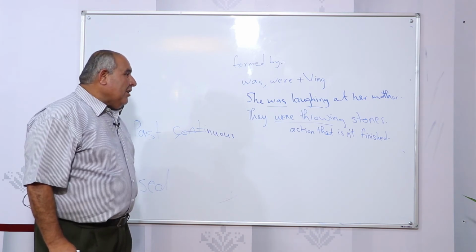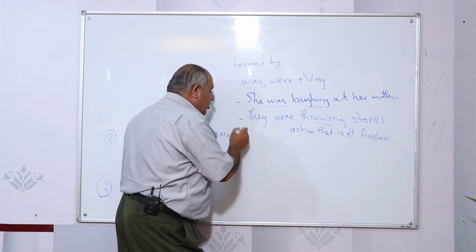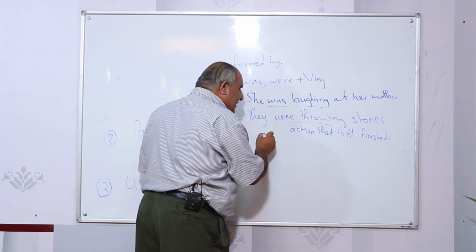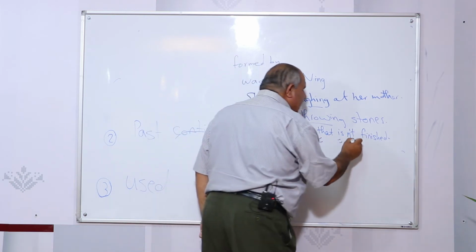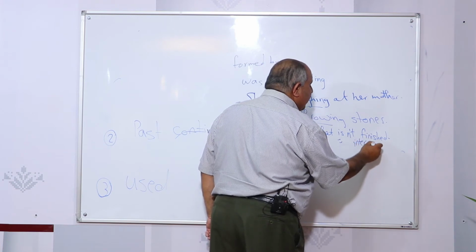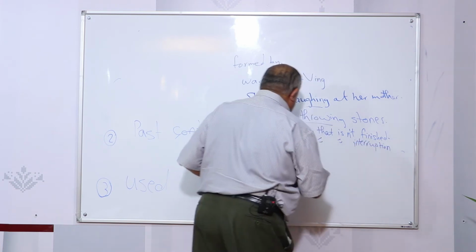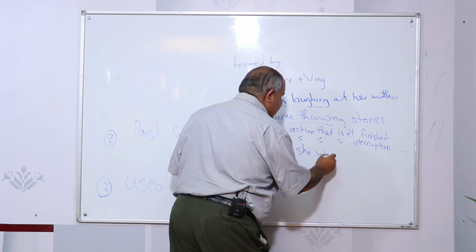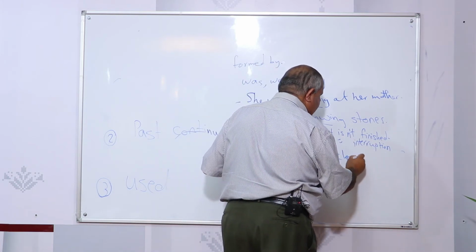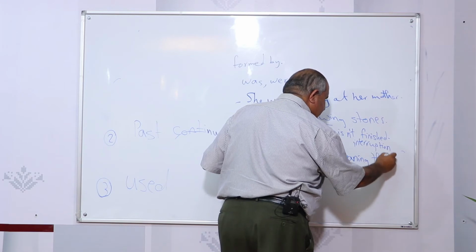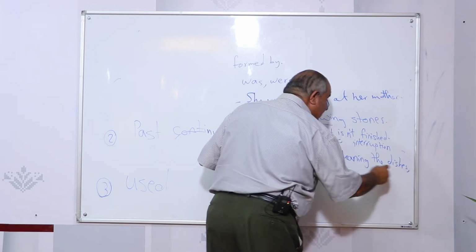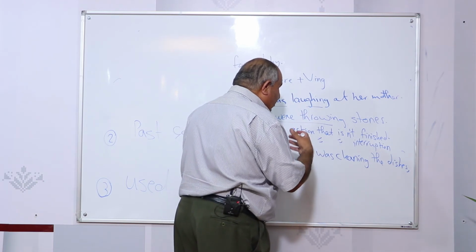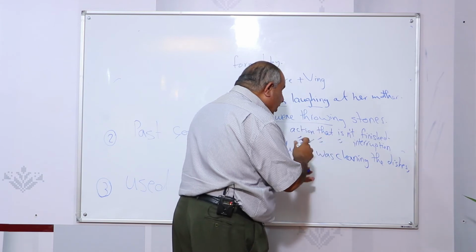A third thing about the continuous is that we talk about an action that is interrupted. We see interruption of an action. Example, while she was cleaning the dishes, she is in the process of cleaning. You see soap, you see liquid, you see water, you see hands which work with the dishes.